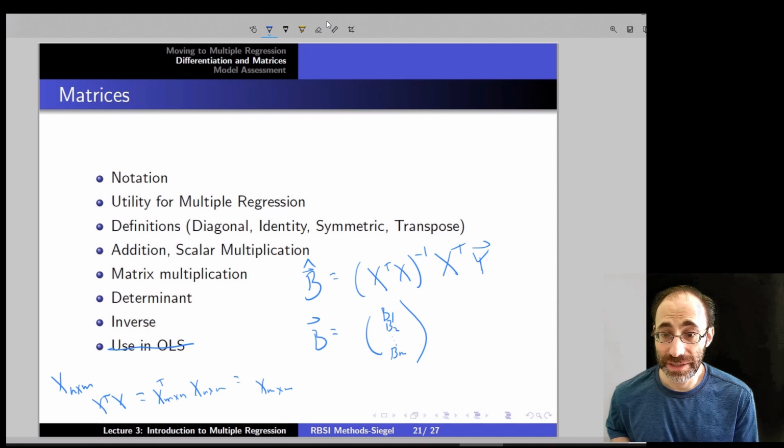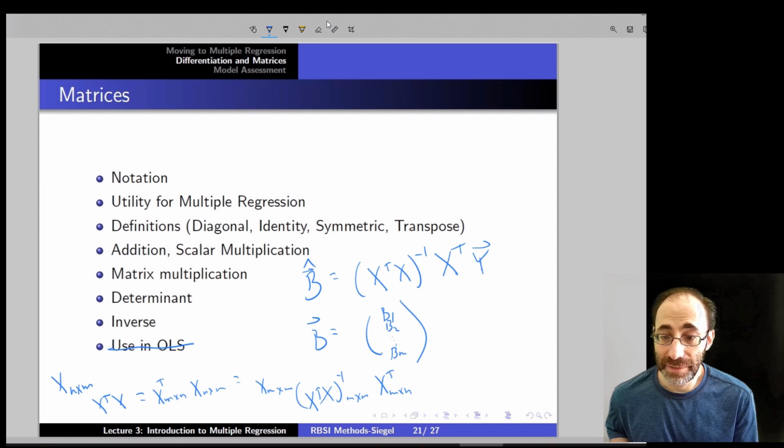The inverse is the same size. So now I'm multiplying X transpose X inverse, which is m by m, times X transpose, which is m by n. That gets us a matrix that's m by n again.